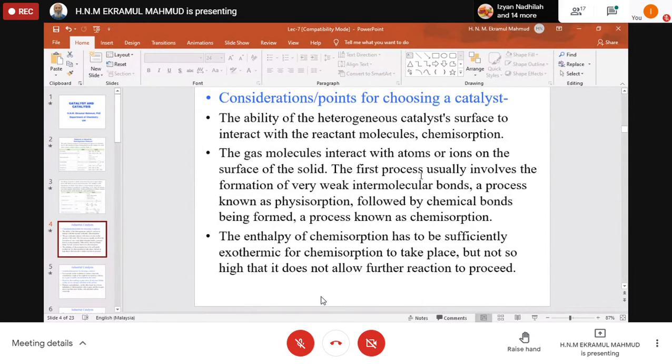The first process usually involves the formation of a very weak intermolecular bond, a process called physisorption, followed by a chemical bond, a process called chemisorption. So the enthalpy of chemisorption has to be sufficiently exothermic for chemisorption to take place, which means it is sufficiently exothermic for any bond formation.